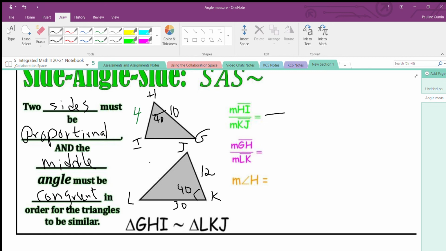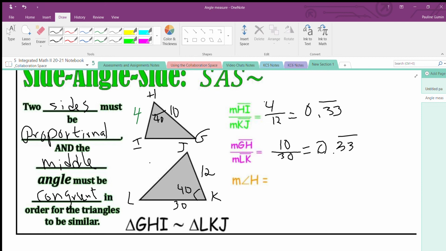So let's check out these proportions. HI, that's 4 over KJ, that's 12. And that's going to be 0.3 repeating. GH and LK. GH is 10, LK is 30. Once again, I get 0.3 repeating. Good, two sides are proportional.